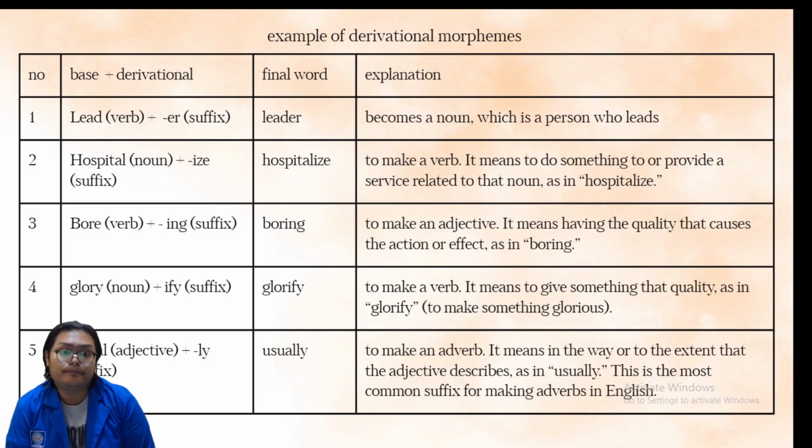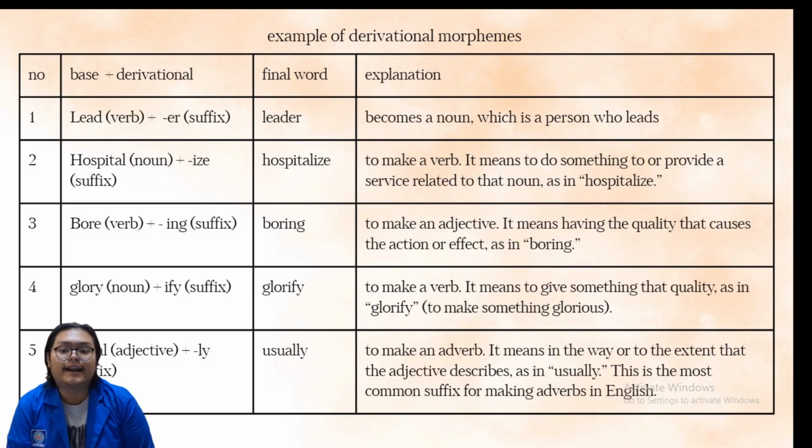To make a verb, it means to do something to or provide a service related to that noun, as in hospitalize. Third, bore, verb plus the suffix -ing becomes boring. To make an adjective, it means having the quality that causes the action or effect, as in boring.